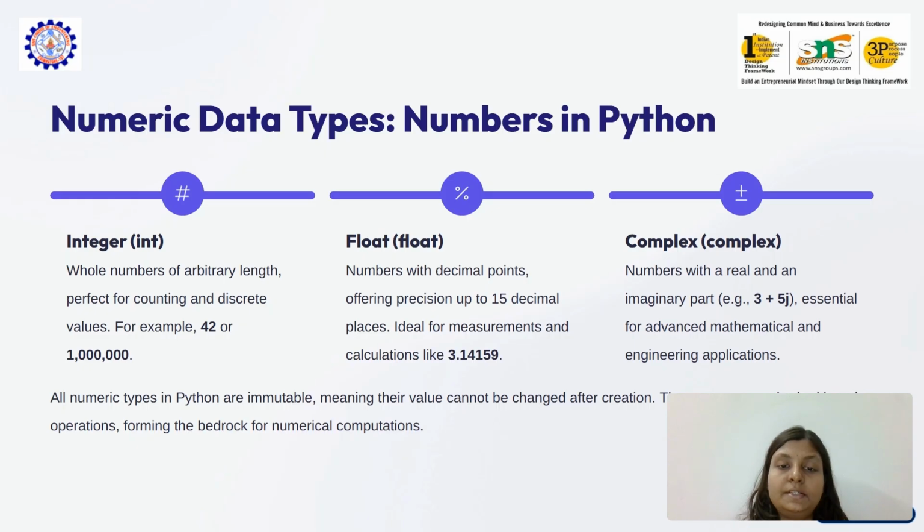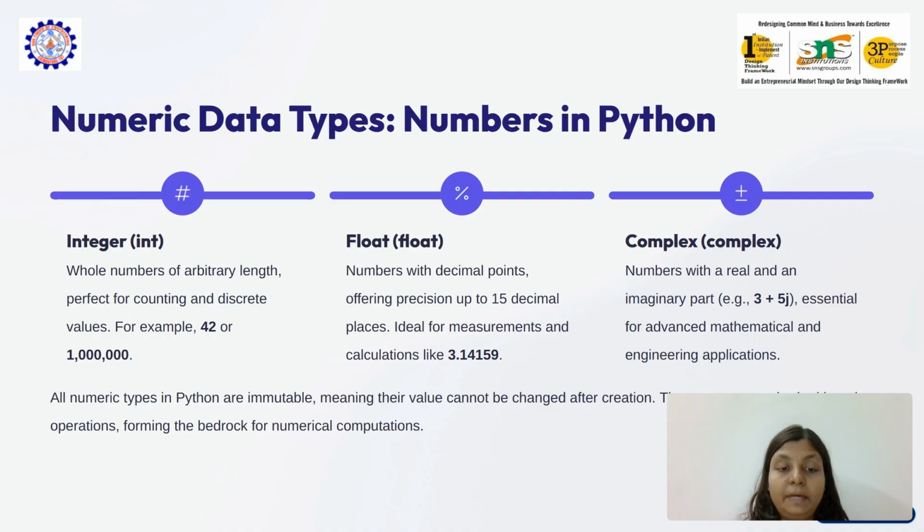Floats are numbers with decimal points offering precision up to 15 decimal places, ideal for measurements and calculations like 3.14159. And then complex numbers with a real and an imaginary part, for example 3 plus 5j, essential for advanced mathematical and engineering applications.